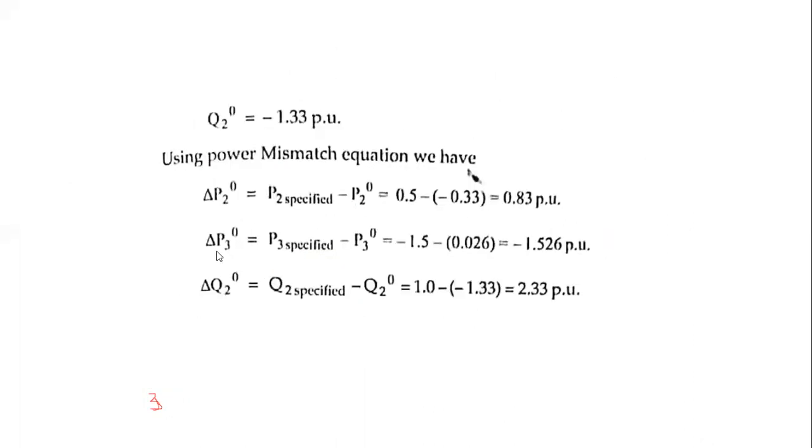Next, delta P3 power 0 equals P3 specified minus P3 of 0.